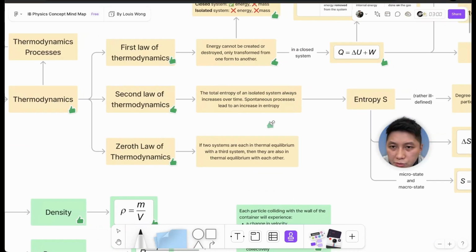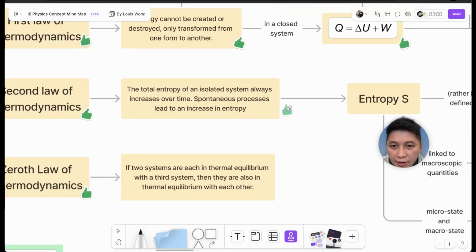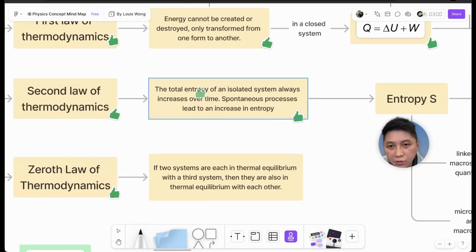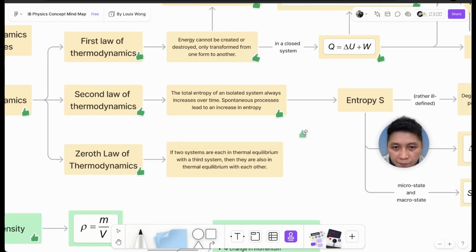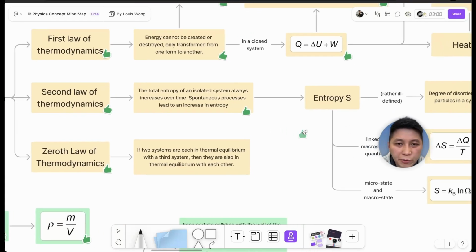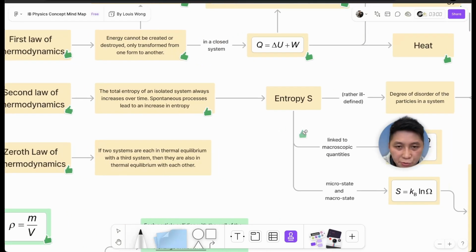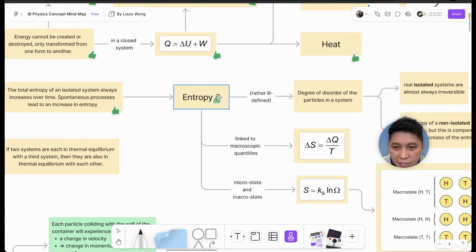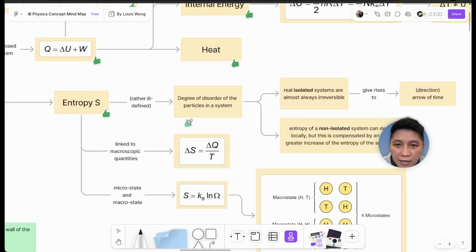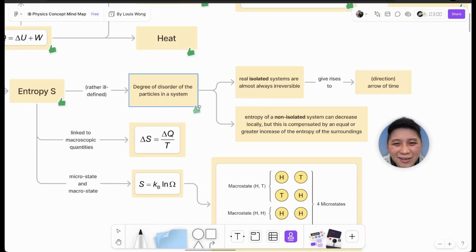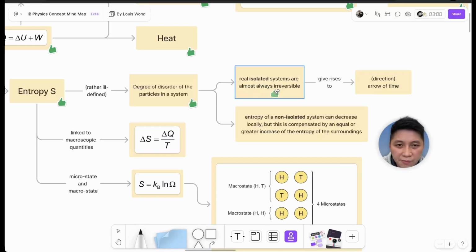Now going back to the second law of thermodynamics, it's something to do with entropy. So you can read the statement here. You should recall this directly if you are asked to. Basically, entropy is always increasing for a spontaneous process. Spontaneous means it just happens naturally. Entropy, symbol S, is, in a rather ill-defined way although IB adopted that, called the degree of disorderness of the particles in the system.